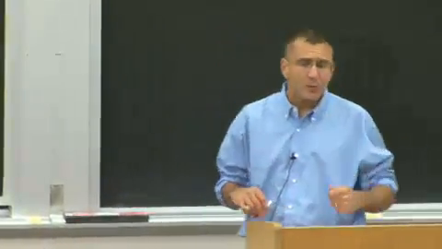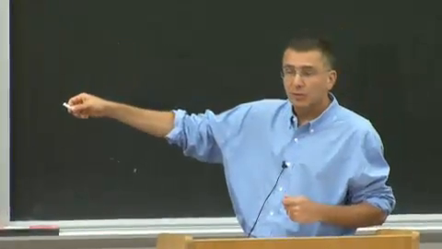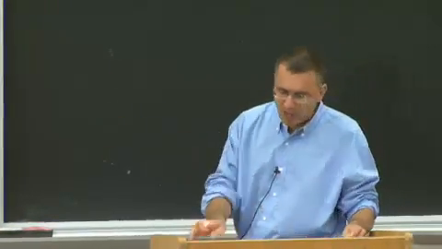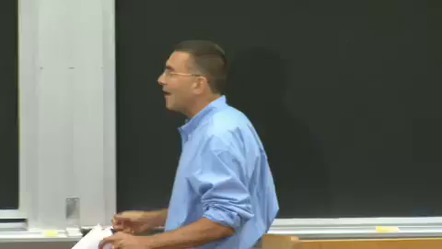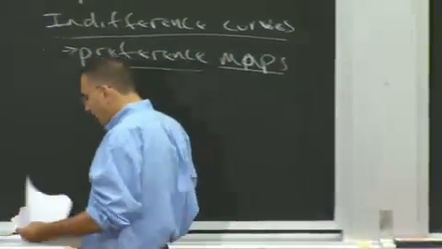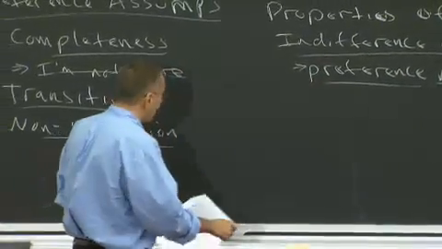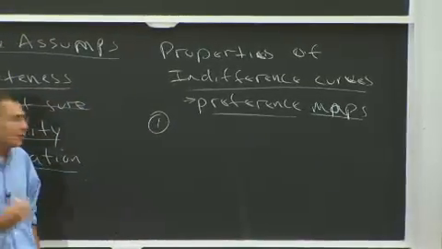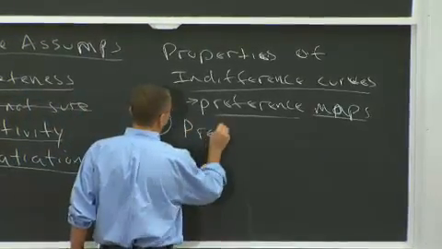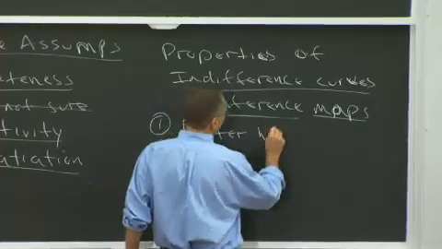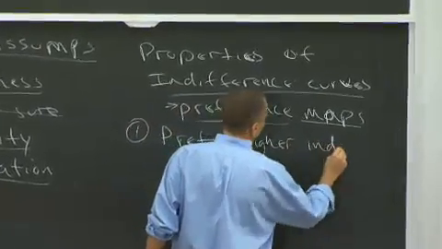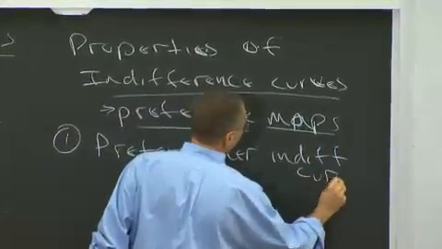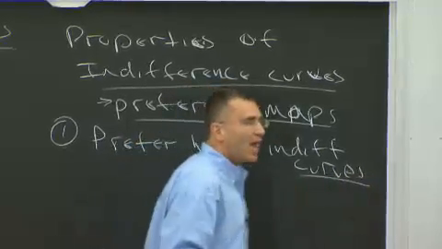Okay, so armed with those assumptions, there are four key properties of indifference curves that we have to keep track of. The first is that consumers prefer higher indifference curves.